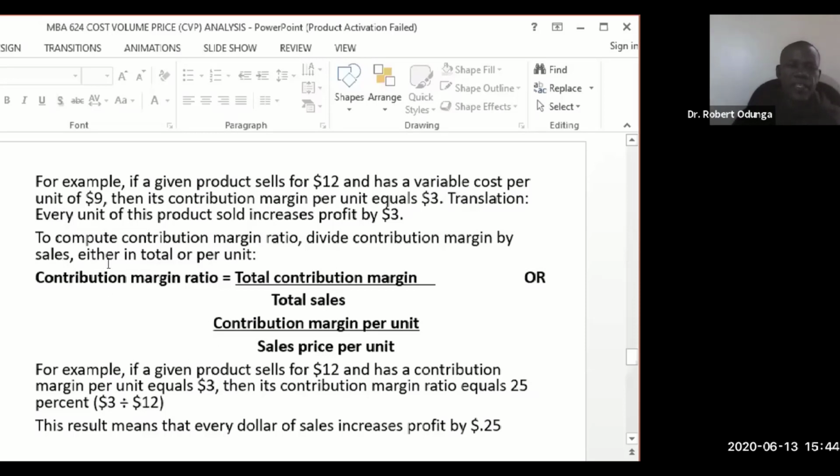So again, we can also compute the contribution margin ratio. The contribution margin ratio, or CMR, is equal to total contribution margin over total sales.